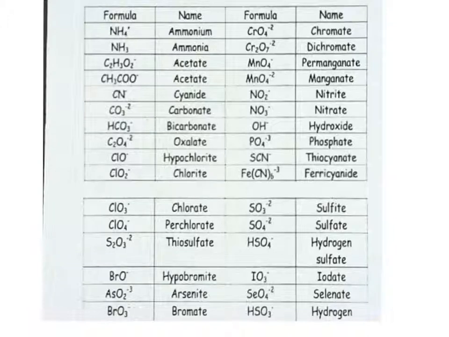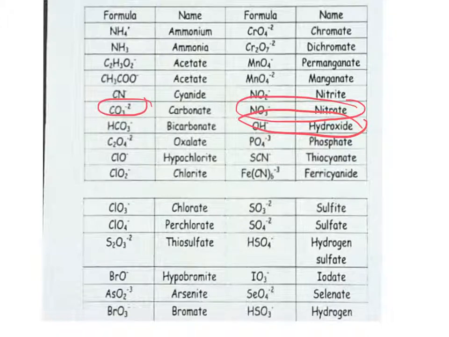But as we proceed through the course, as we deal with our topic of stoichiometry and nomenclature, you'll notice that certain of these are very, very common, such as nitrate, hydroxide, carbonate, acetate, this ammonium ion. What else?